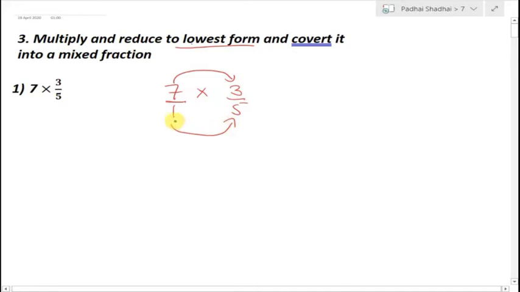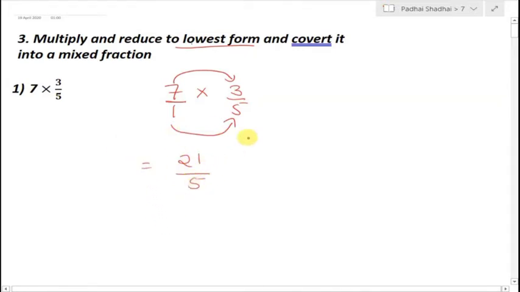You can see easily, beta. Let us do it. 7 multiplied by 3 and 1 multiplied by 5. 7 multiplied by 3 is 21 and 5 ones are 5.